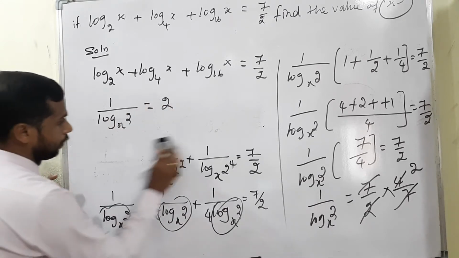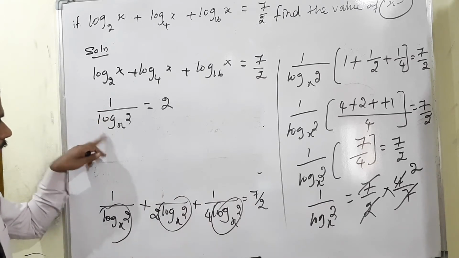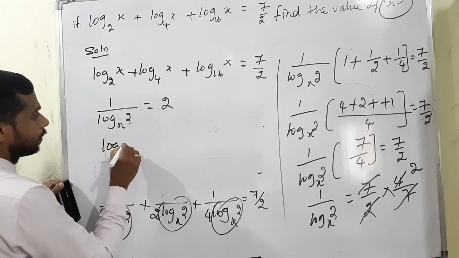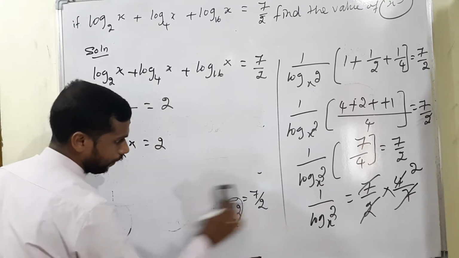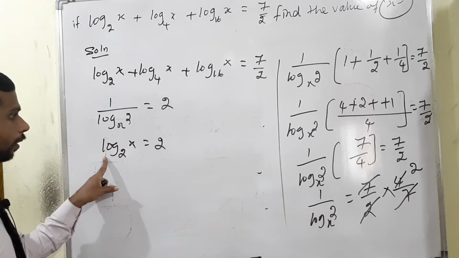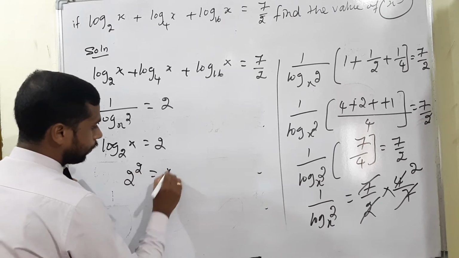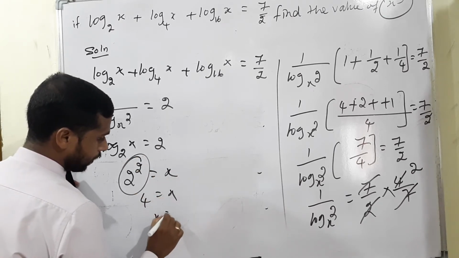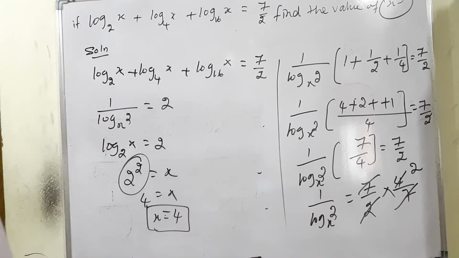Again reciprocal, reverse order: log 2 and x interchange, so log x base 2 is equal to 2. If you remove the log, it means exponents of 2. So 2 power 2 is equal to x, therefore x is equal to 4. Okay, I will continue with the next question.